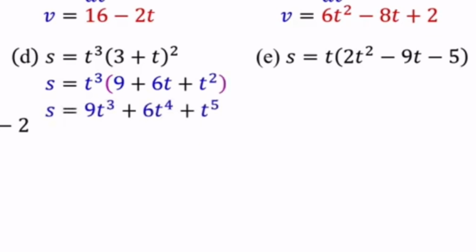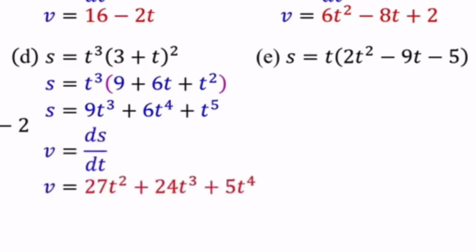For the d, we just expand first. We expand carefully. We have s equal to 9t cubed plus 64 plus t^5. So ds/dt will be 27t squared plus 24t cubed plus 5t^4. This is the velocity. For the e, also the same. We will just expand.